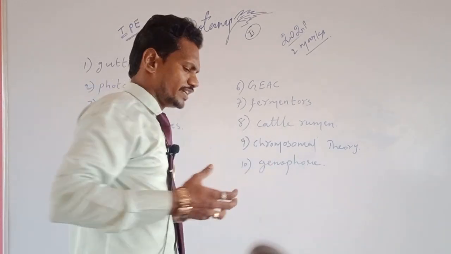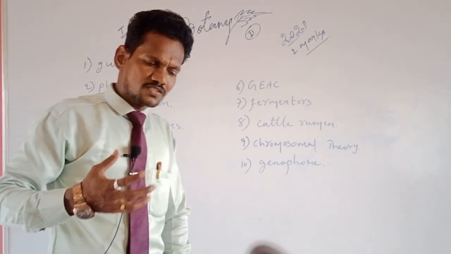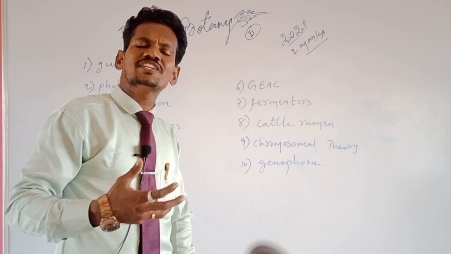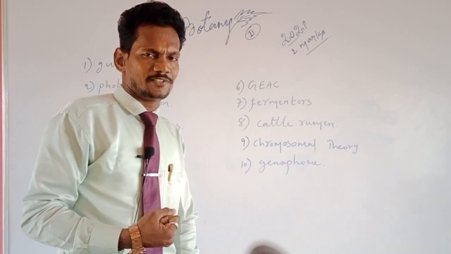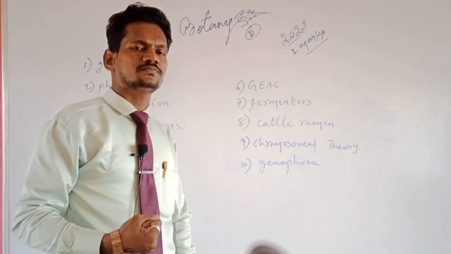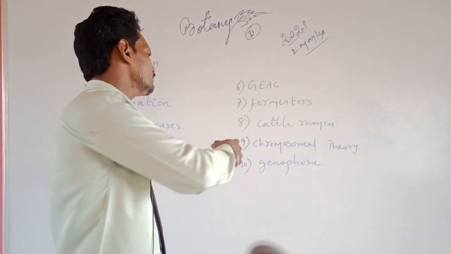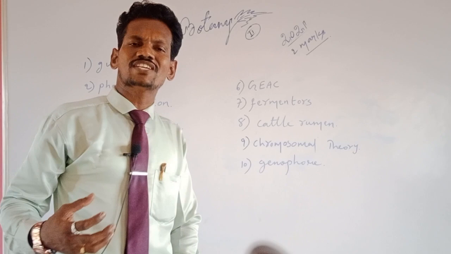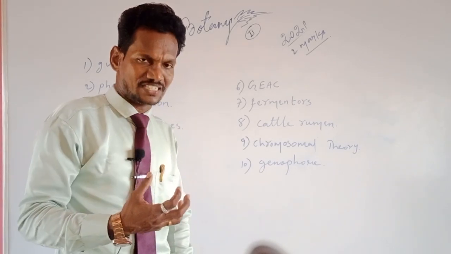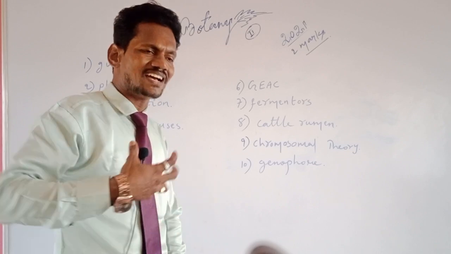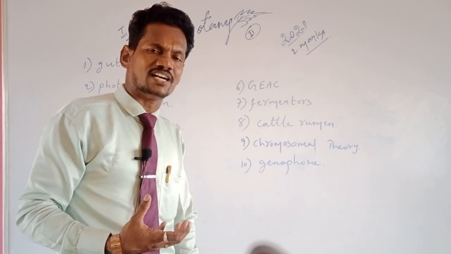Then eighth question is, what type of bacterium is present in the rumen of cattle? The answer is simple: methanogens bacteria. Methanogens are nothing but methane gas producing bacteria.